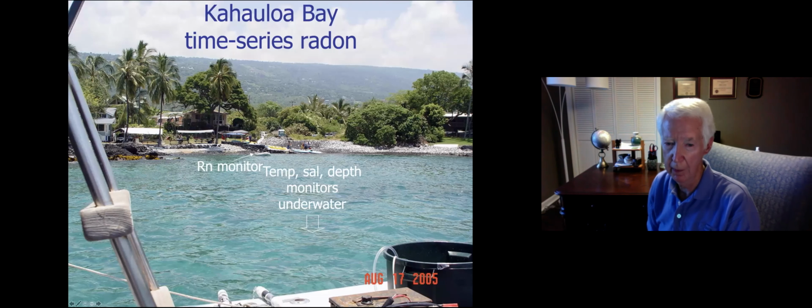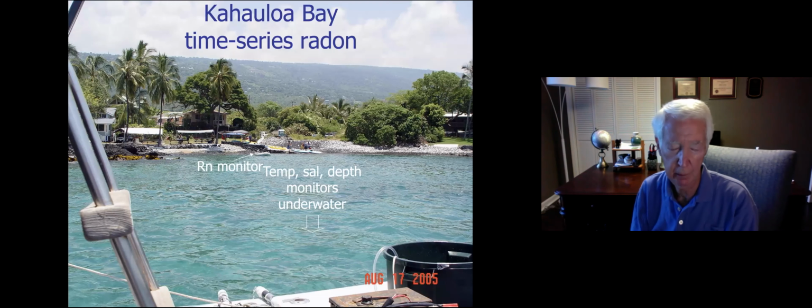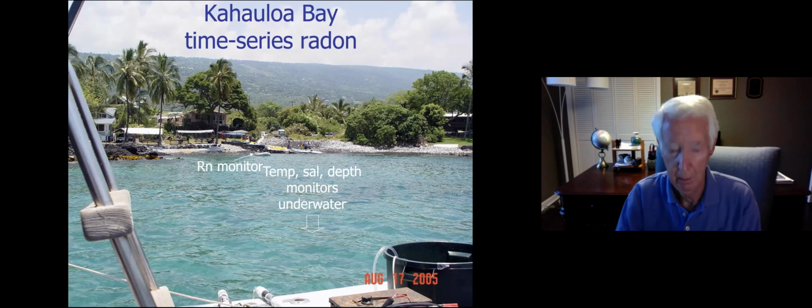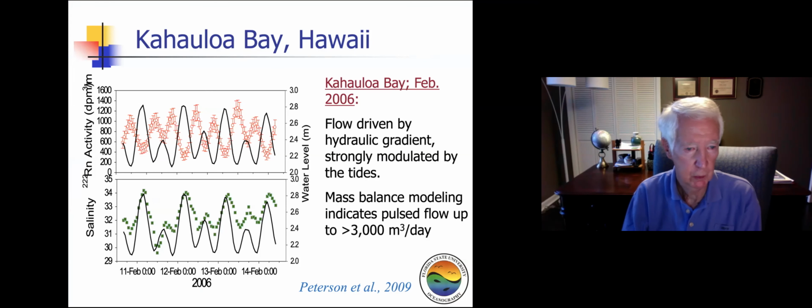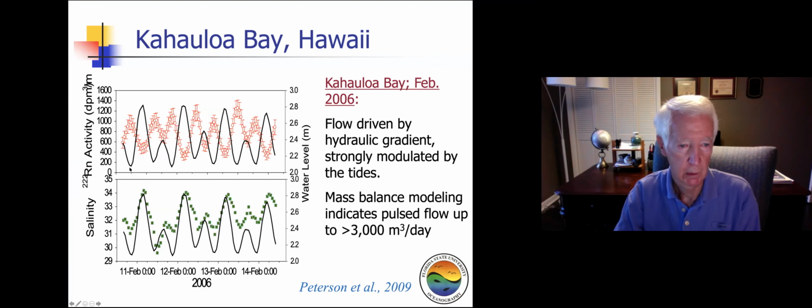Some work in Hawaii we did just to show you that in a completely different environment, you can get some similar results. Isaac is taking a look and overseeing what's going on here. So this is from Rick Peterson's work. This is a radon record. This is salinity over 4 or 5 days. Again, the radon is highest when the tide is lowest.